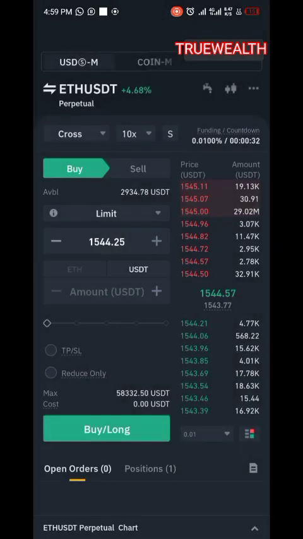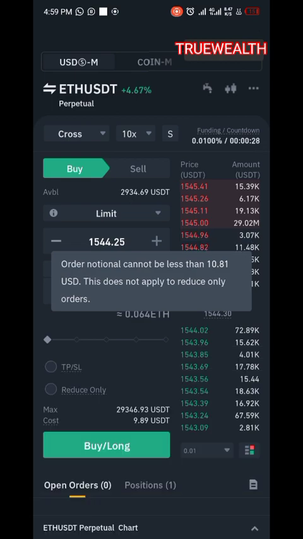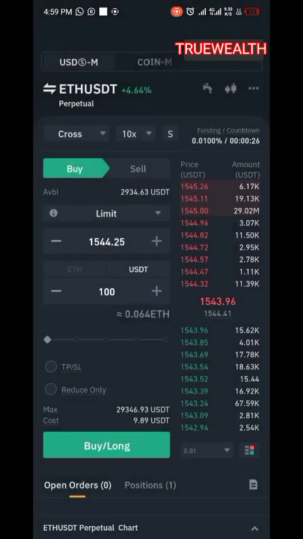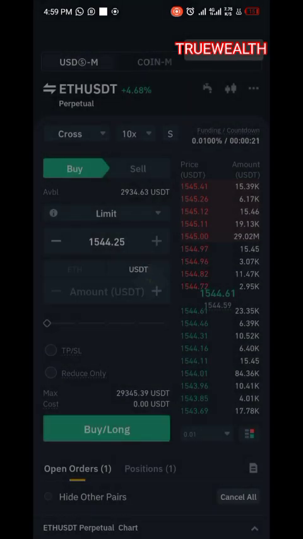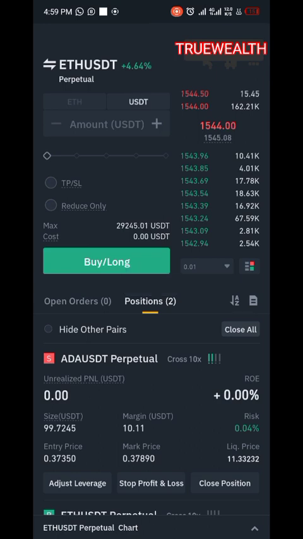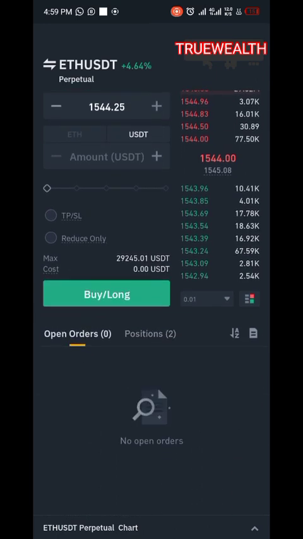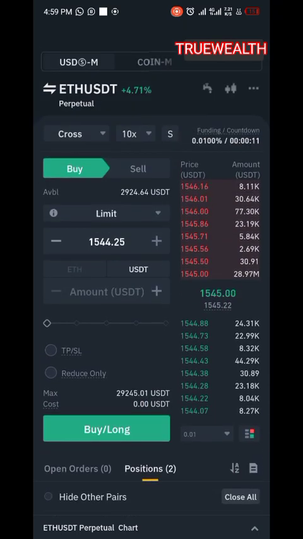So don't just go and open ADA. Okay, now this is 1010. Okay, I think there is a mistake somewhere here based on the leverage.